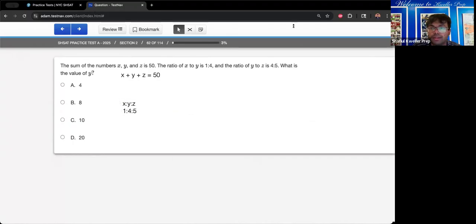Because we're kind of just scaling it up. And then x to y to z is 1 to 4 to 5. And the total, well, 1 plus 4 plus 5 is 10. But we see here x plus y plus z has to be equal to 50. So we multiply each variable x, y, and z by 5.